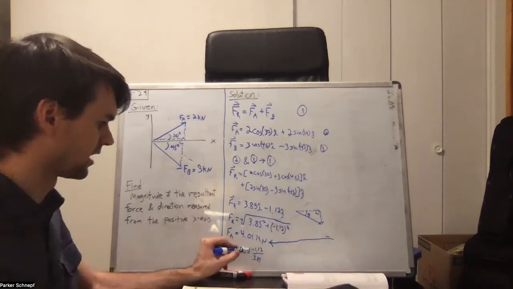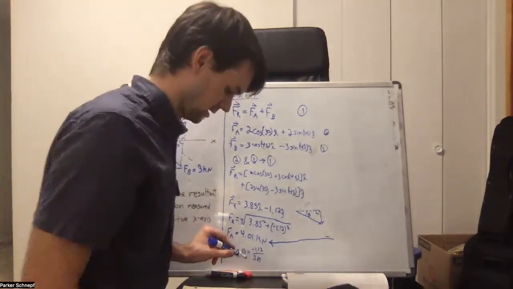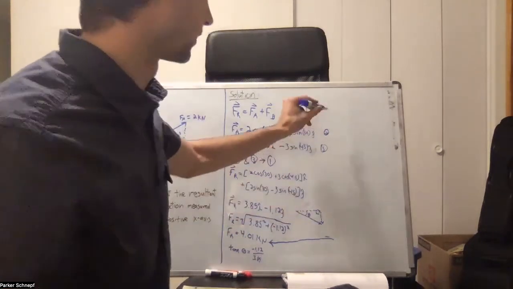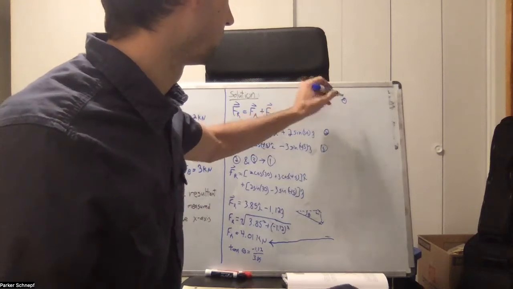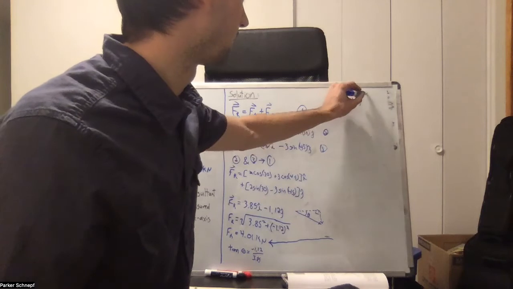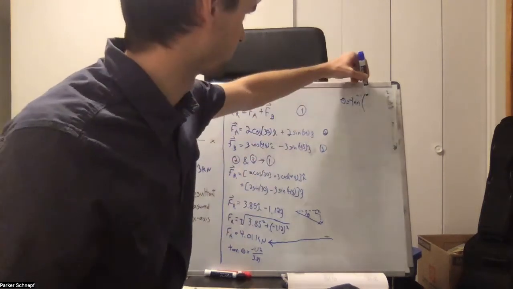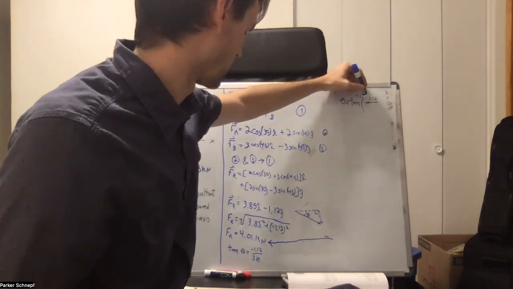And then I would just take this value and take the inverse tangent. So I'm going to just pop up over here, kind of cheating, but I'm running out of space. So I'd say theta equals the inverse tangent of these values, so minus 1.12 divided by 3.85.